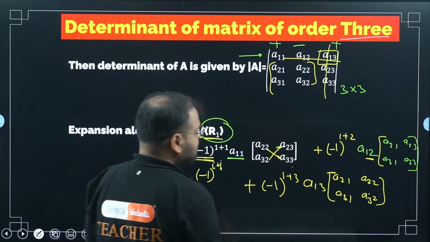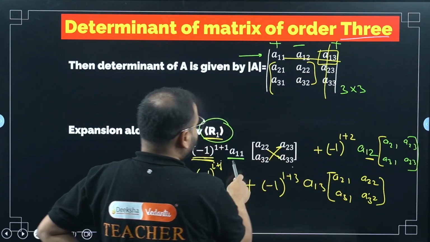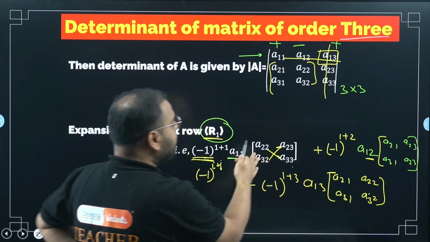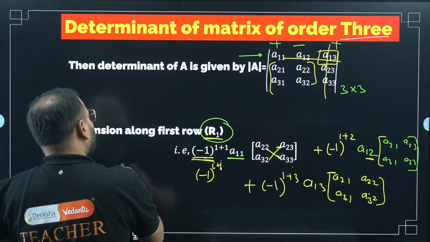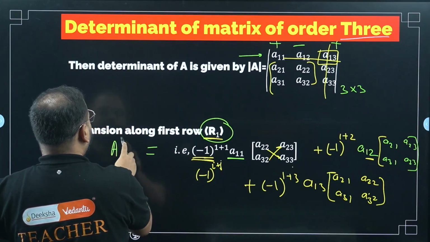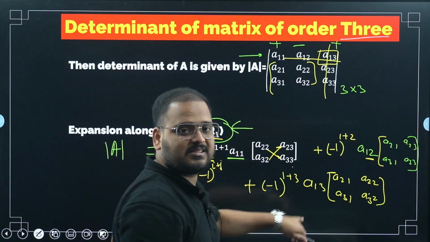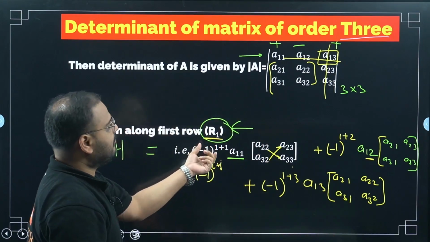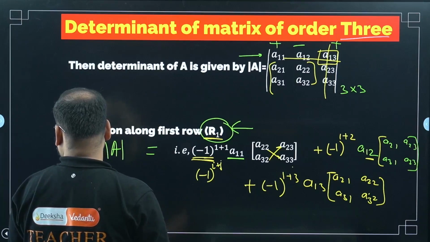If you simplify and solve this, you'll get the determinant of A. This is my value of determinant of A. Why, sir? Because we have to solve this across any row or column, and we have done it across row 1. Okay, let's move on to the next slide.